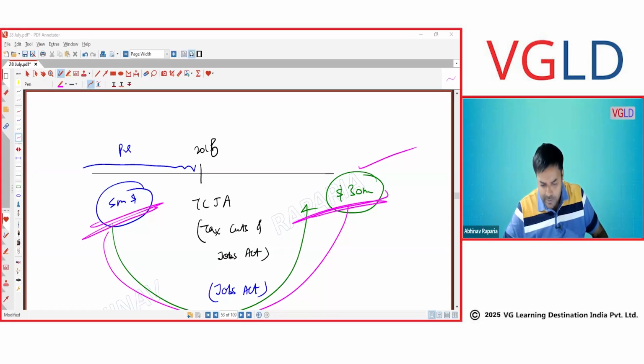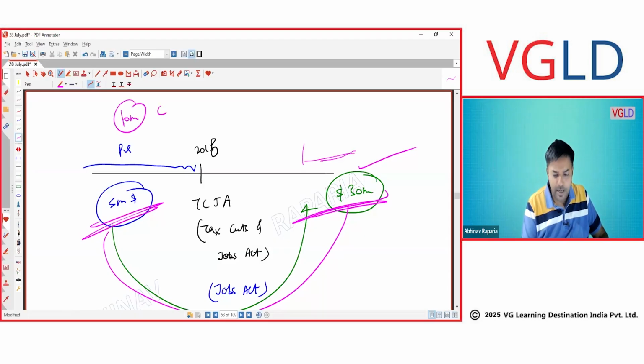This increase is obviously good for the taxpayer. Previously, if someone's AGR was coming to $10 million, that person could not follow the cash method. But now if someone has $10 million, that person can follow the cash method. Obviously, it is good for the taxpayer.